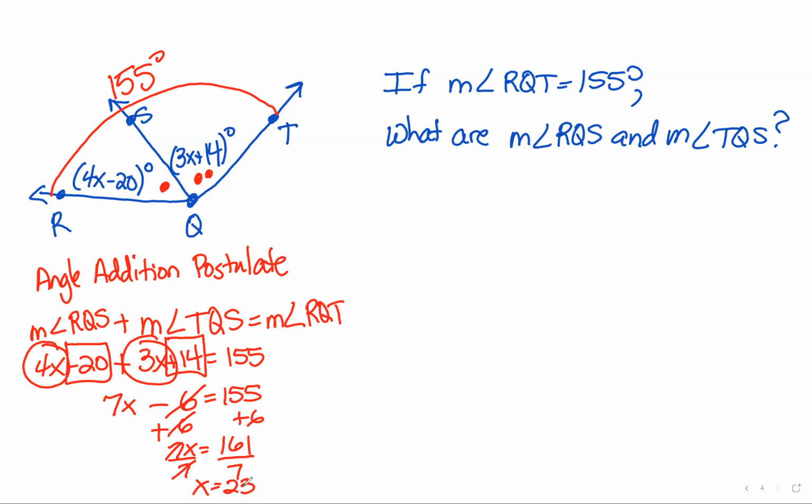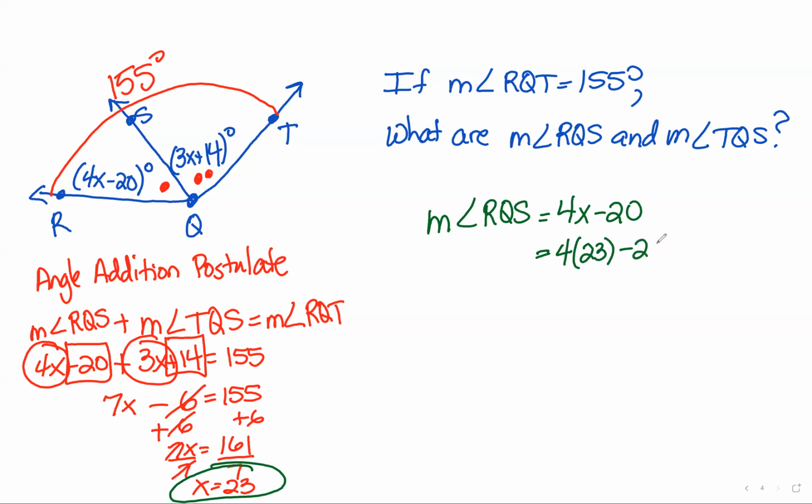So now that we know what x equals, we can use substitution to find out what the measures of each of these angles are. So the measure of angle RQS, from the picture, RQS is 4x minus 20. So that would be 4 times, we know what x equals, 23. So 4 times 23 minus 20 is 72 degrees.